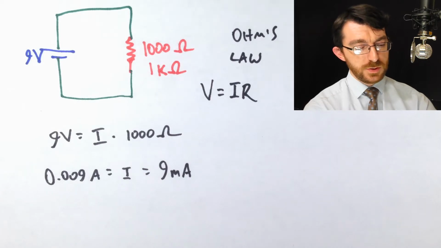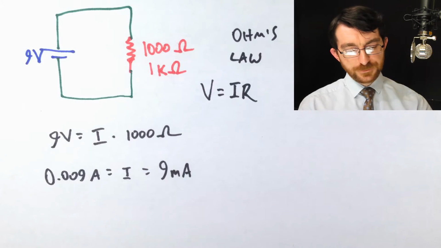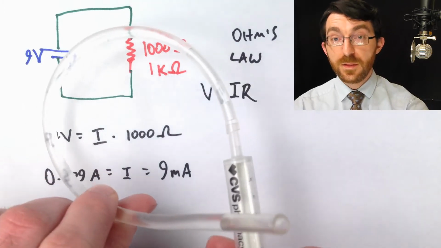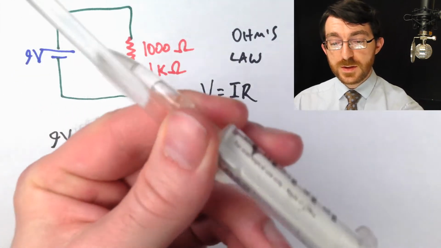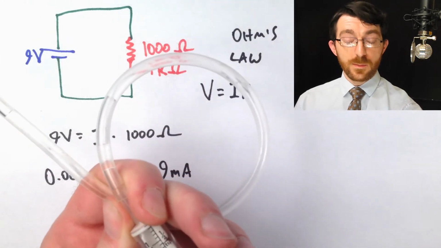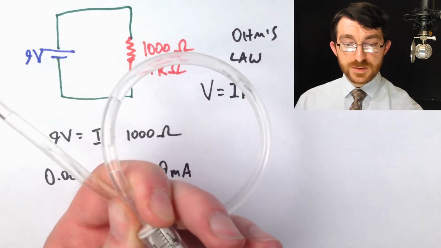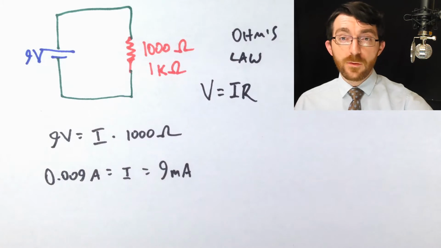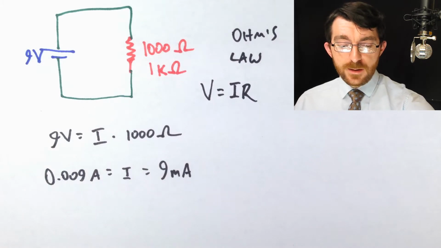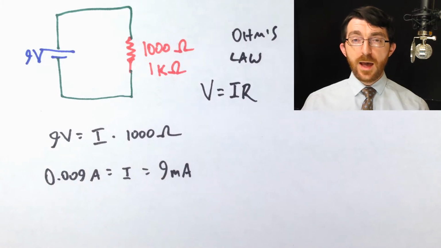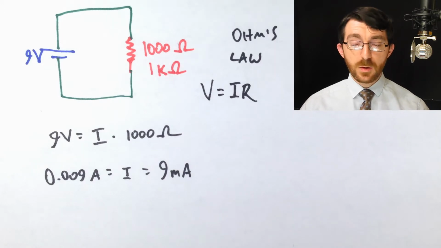So now I want to remind you of this. So this was the source of water pressure that I was using to demonstrate the flow of electricity, and voltage being how much urgency the electricity is flowing with.